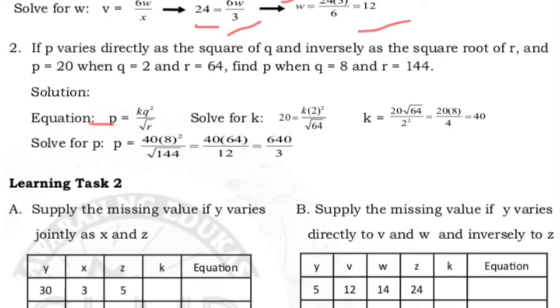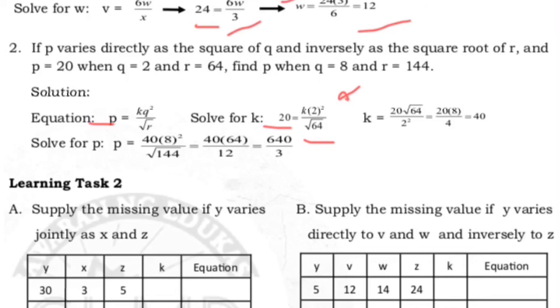So solving for K, just substitute the given. So P is 20, so substitute P with 20 here. Q is 2, so we're going to have here K times 2 squared. Then R is 64, so the denominator is square root of 64 here. Then, solving this one, 2 squared is 4.